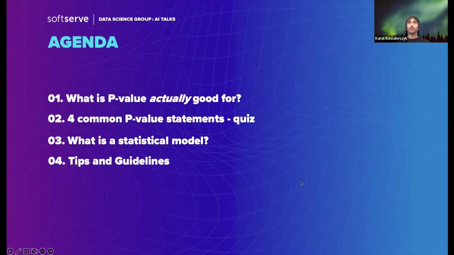They might be a bit tricky. Then we will try to lay common grounds for p-value understanding and statistical models, statistical testing. We will try to cover the basic topics there. And we will finish with some tips and guidelines on how not to use it, how to understand it, how to interpret it.